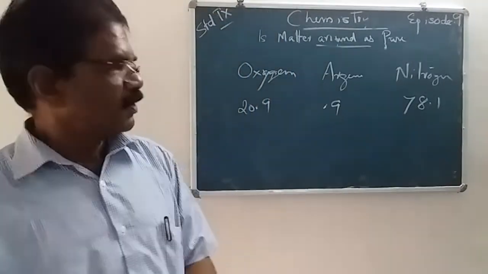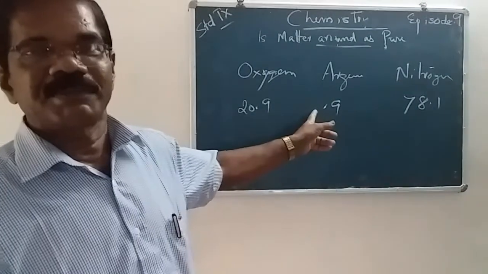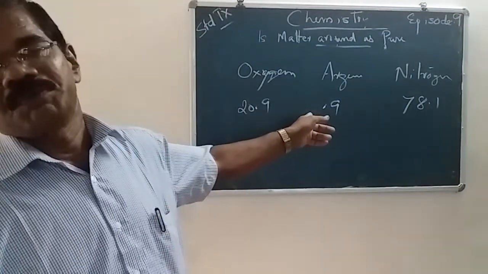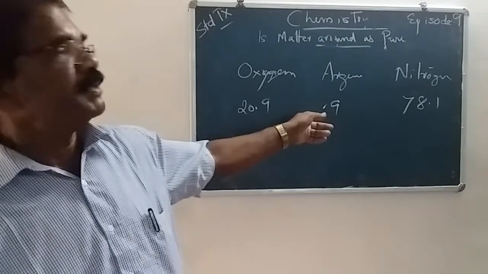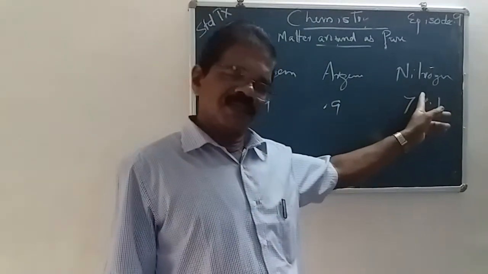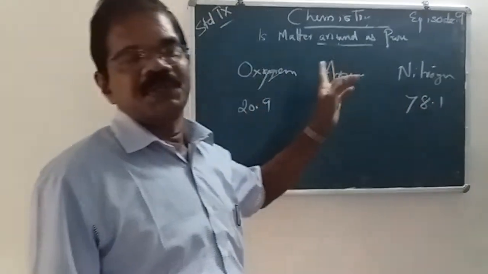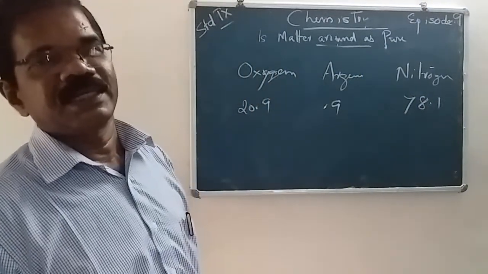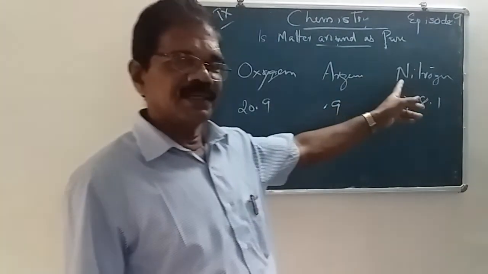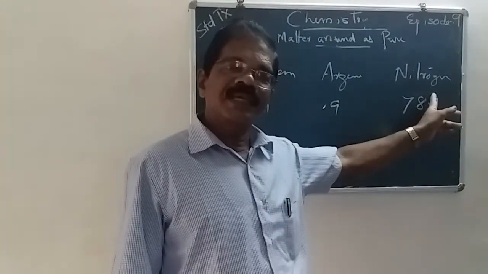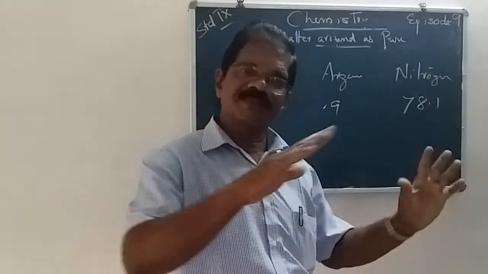Otherwise, for normal air, we pay the normal price. Next time you go to the tire workshop, you can see a special tank with nitrogen, which means nitrogen is collected from the air.